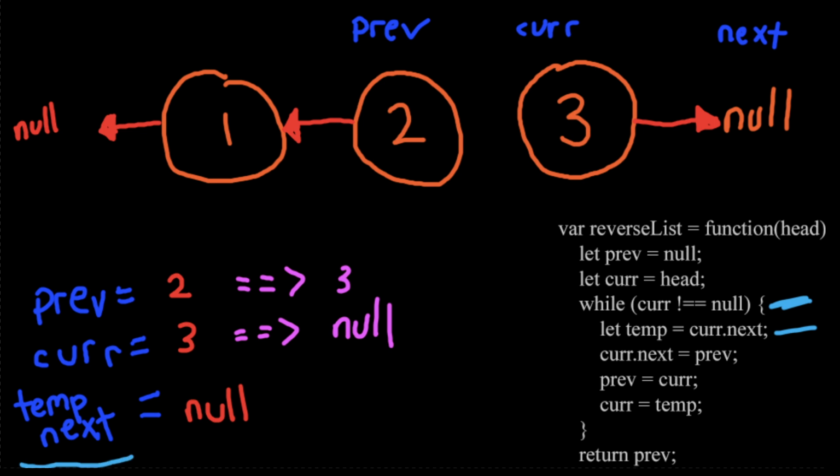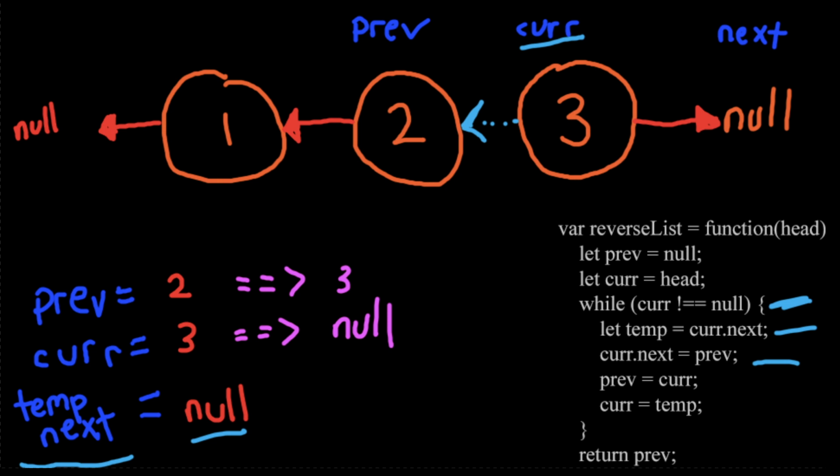Well, cur is right now at 3, so its next is null. So we see that value here. And then it's time to reverse. So point the current next to previous. So draw a dotted line. So at the next step, this arrow will exist.